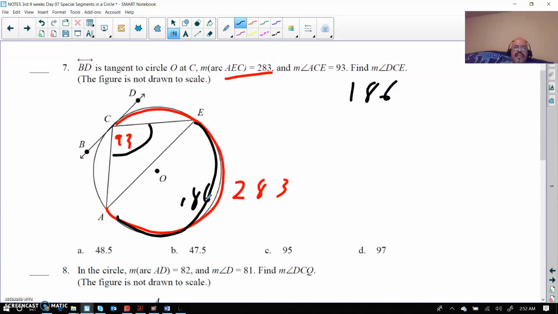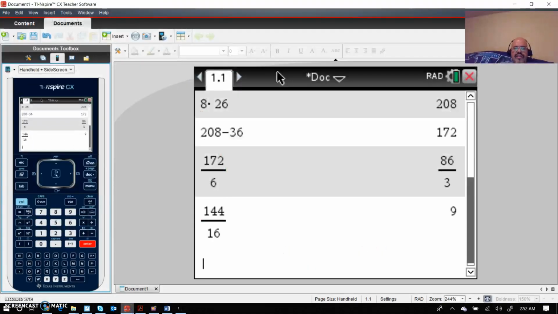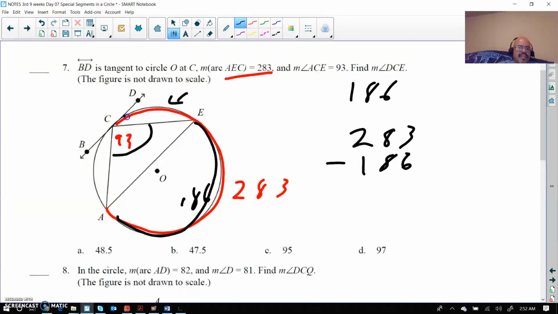So we're going to take 283, subtract 186, and that will give us this arc right here. Because what they're asking for is that particular angle. So let me go ahead and show you. What they're asking for is this angle right here. So all we need to do is take that arc and divide it by 2.